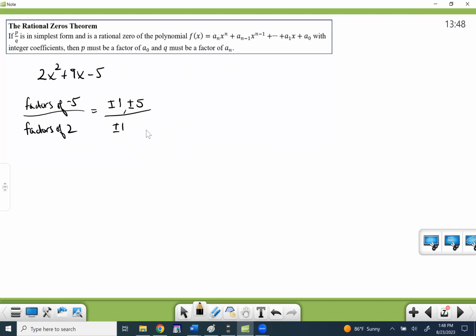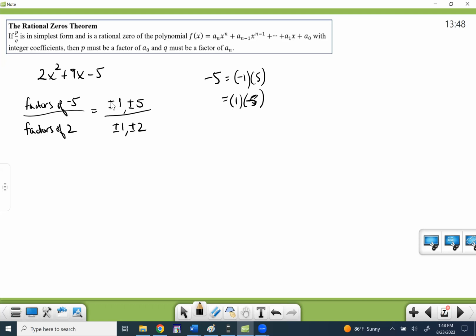Now let's talk about why I put plus or minuses on all these. It's a -5, but we don't know what got us -5. Maybe it was -1 times +5, or maybe it was +1 times -5. So if we're looking at the signs here, the 5 could be positive or negative. The 1 could be positive or negative, right?